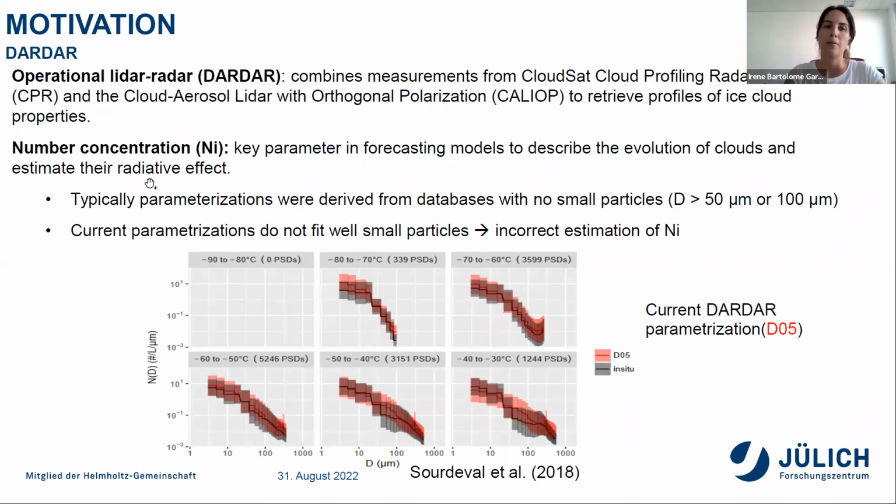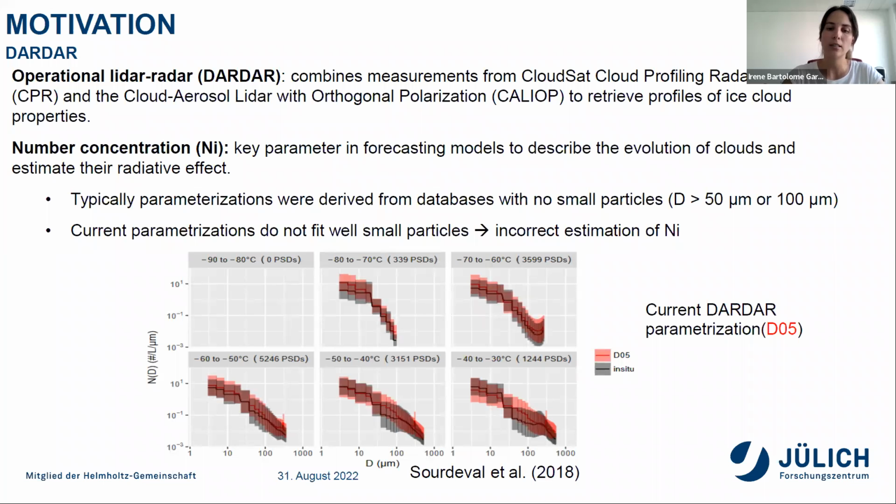The focus on number concentration, and why it would be useful to have it retrieved, is that number concentration is often used in climate models and in numerical weather prediction models as a prognostic variable to predict the evolution of clouds and also to estimate the radiative effect.